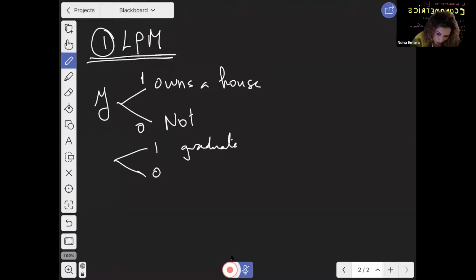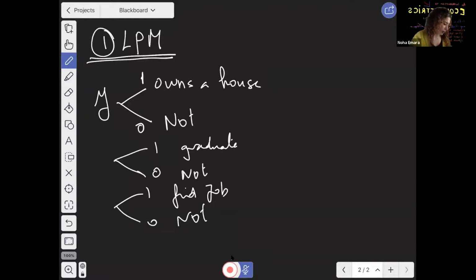So y is 1 if you graduate or not, or you can take 1 if you find a job, right? Or not. So this is exactly what we are trying to do in this topic. Let's see, the linear probability model is again an outcome and a probability.